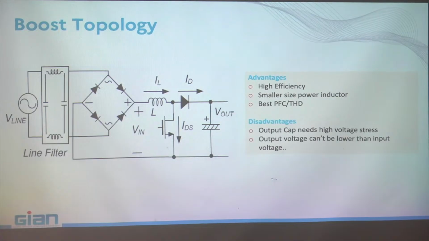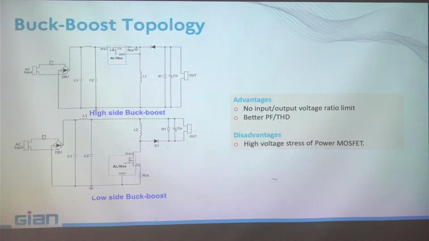That's boost. Buck-boost technology: advantage, no input or output voltage ratio limit because you have both behaviors. You have very good behavior concerning distortion, and the disadvantage is that you stress the switch.